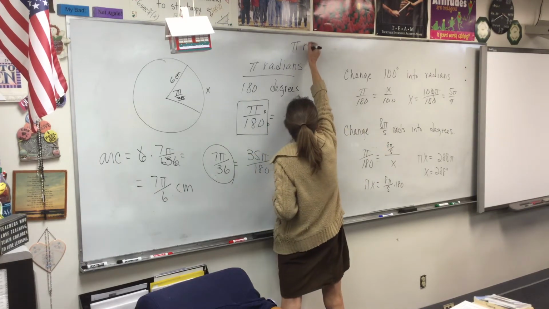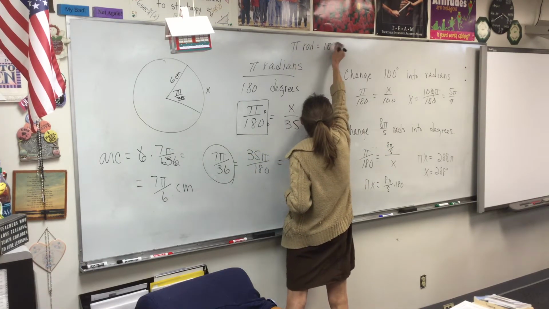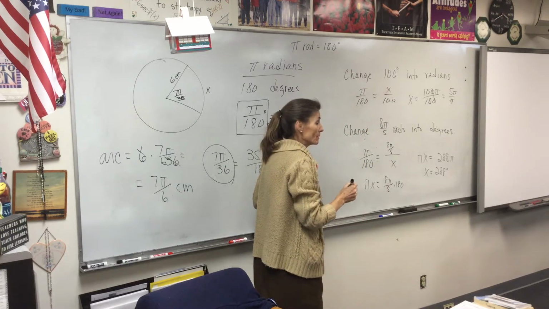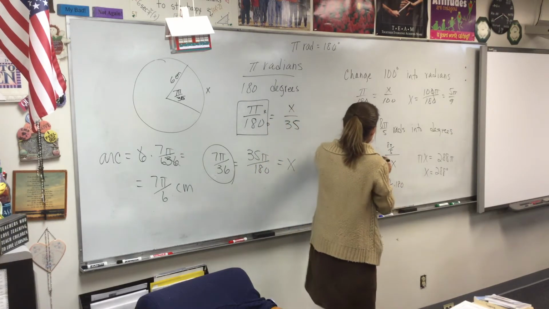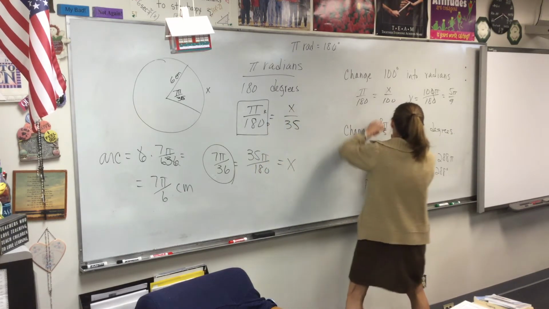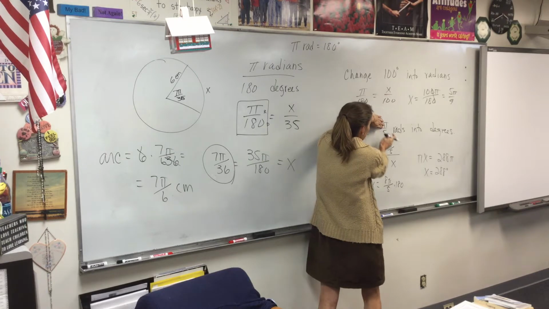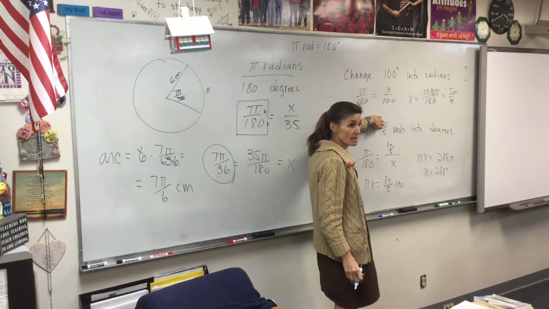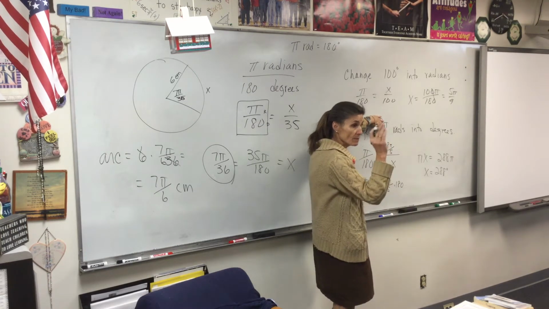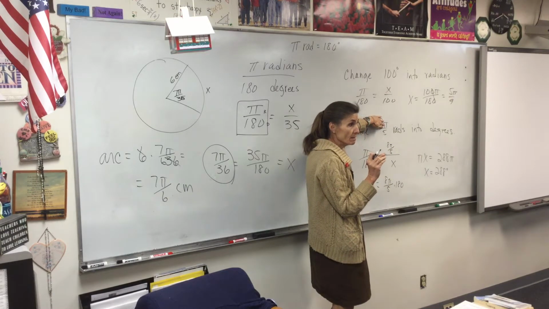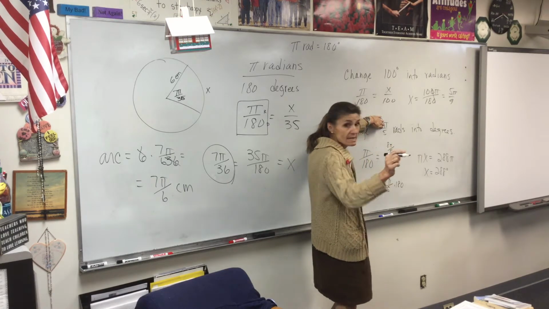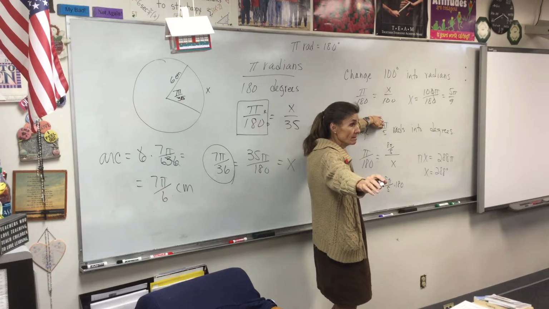Every pi radians is 180 degrees, right? So what she's saying is, okay, pi radians is 180 degrees. So what would pi over 5 be? Well, if pi is 180, a fifth of 180 is 36.